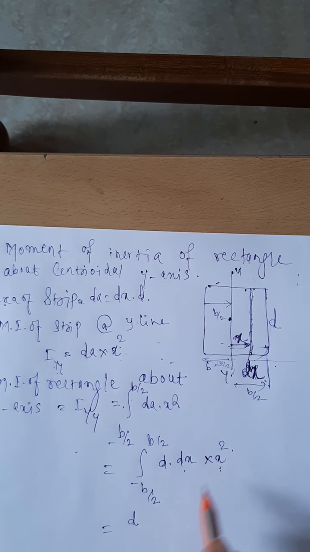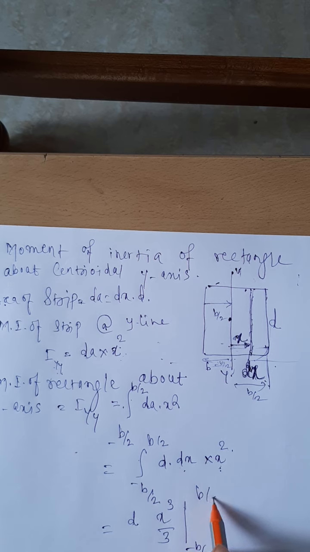The integral of x square is x cube divided by 3, and the limits are minus b by 2 to plus b by 2.